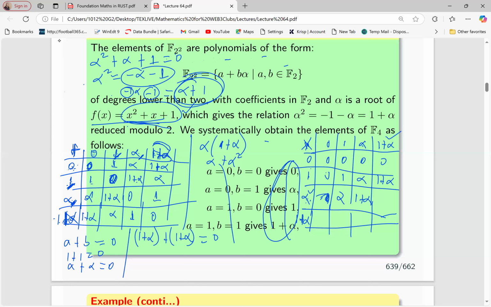So instead of this, what we have is alpha plus alpha plus 1, because this is our alpha squared. So this gives you 2 alpha plus 1. But we know what 2 goes to mod 2. It goes to 0. So we're left with 1.